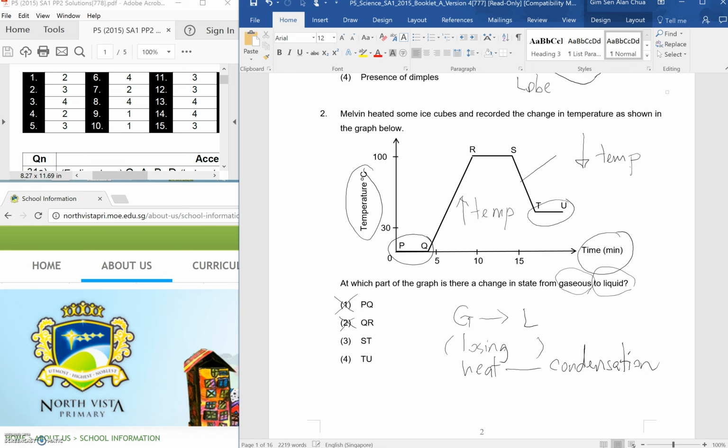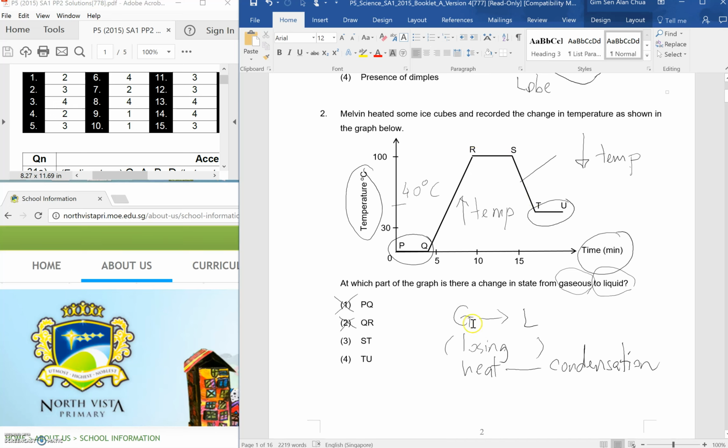Right, TU, it's constant. And it's constant over a temperature, let's say about 40 degrees Celsius, which is most probably a room temperature. Right, so because this is constant, this is increase in temperature. So over here, follow my cursor, increase in temperature, decrease in temperature, constant.